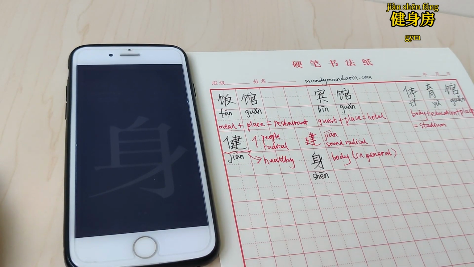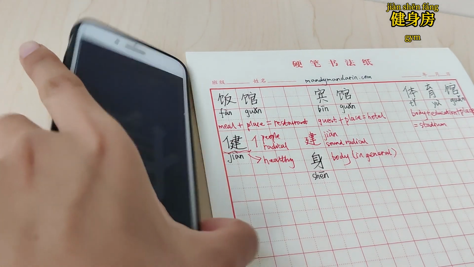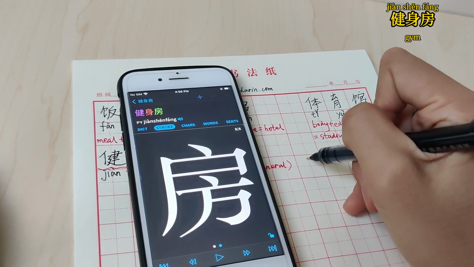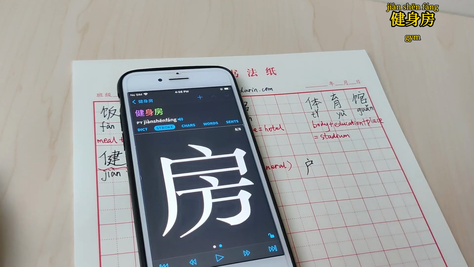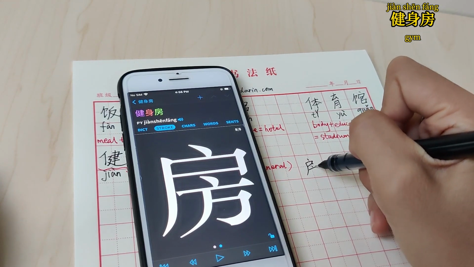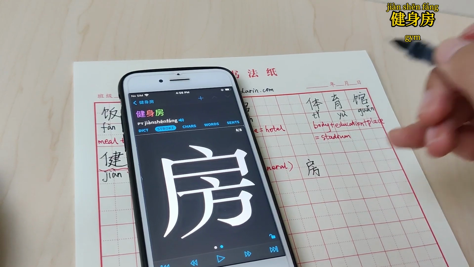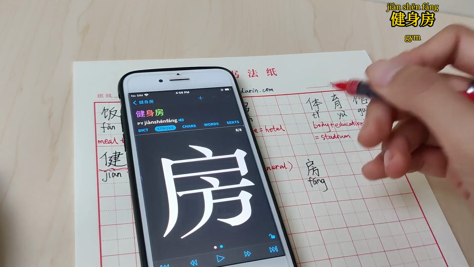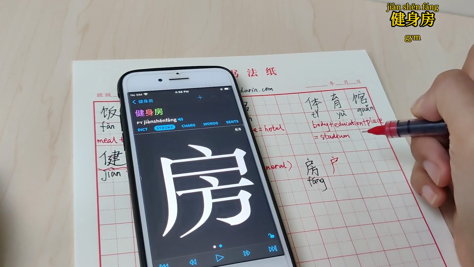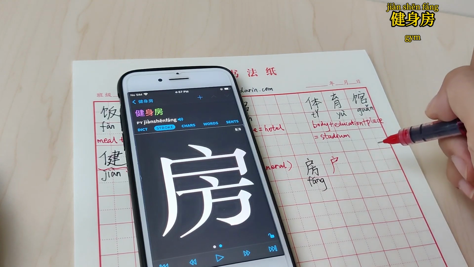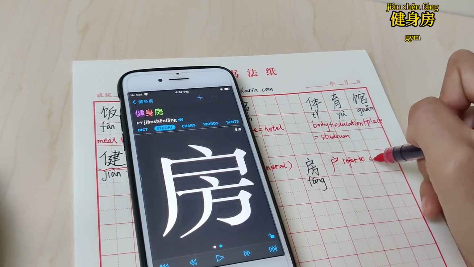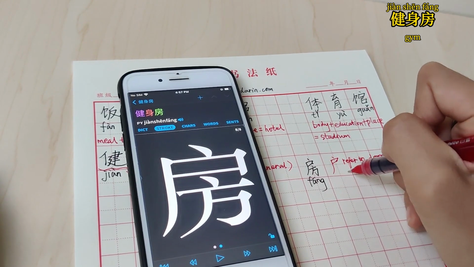All right, so move on to the next one. 健身房的房, and this is how we write the 房. The top part of it is like this, and inside this one, and it's 房. Very good. And this part of the 房 used to refer to a door in ancient time.